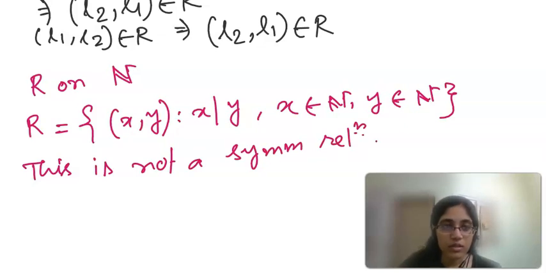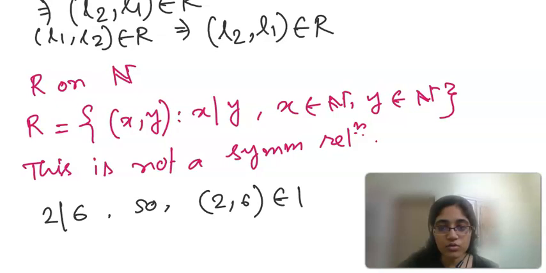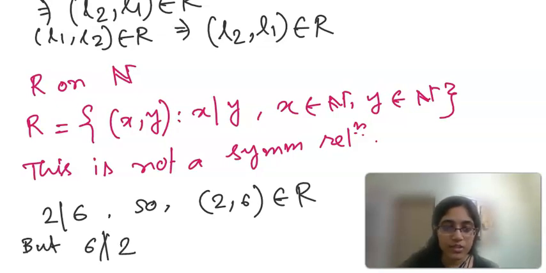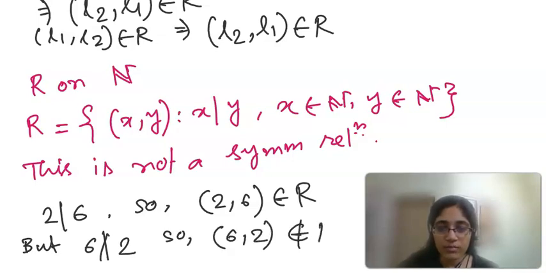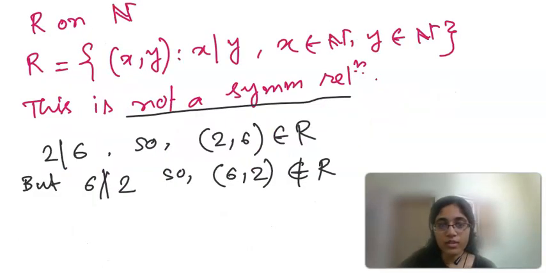Because you see that 2 divides 6, so (2, 6) belongs to R, but 6 does not divide 2, so (6, 2) does not belong to R. So R is not a symmetric relation. So we saw some examples and non-examples of a symmetric relation.